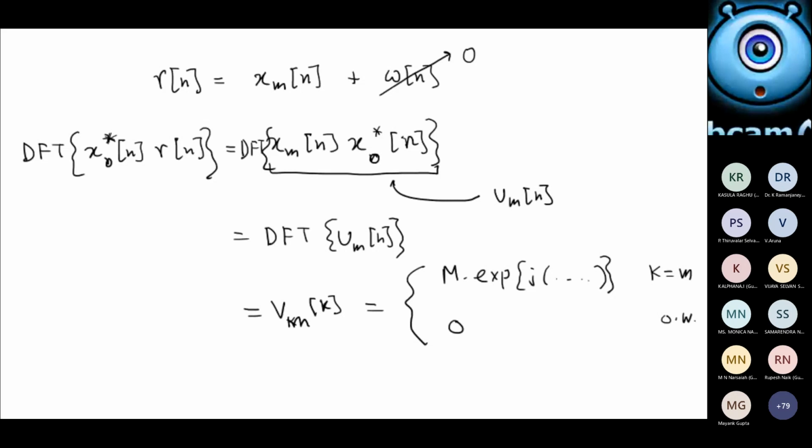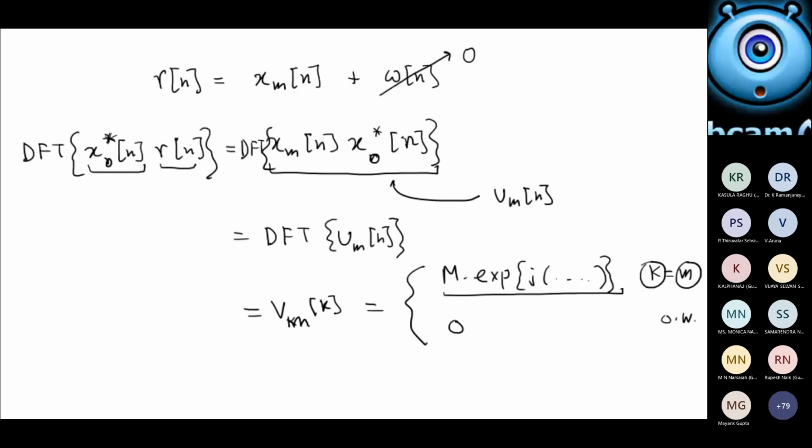So what it says is that if I am receiving a CSS symbol over a noiseless channel, all I have to do is multiply the received signal by the complex conjugate of the sampled version of the basic chirp, and then take the M-point DFT of the product, and then look for the DFT index for which we get a non-zero value. That DFT index k will correspond to the number of the symbol that was sent.